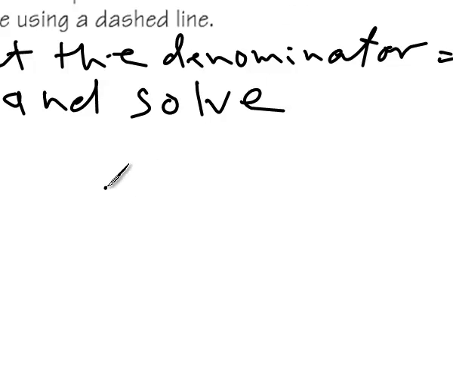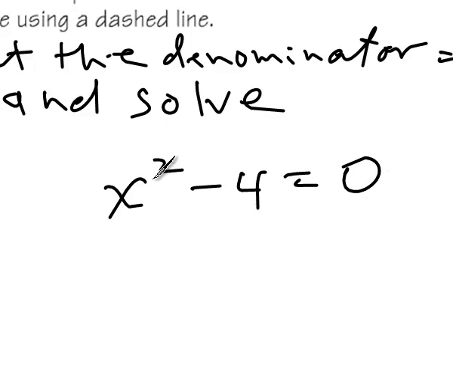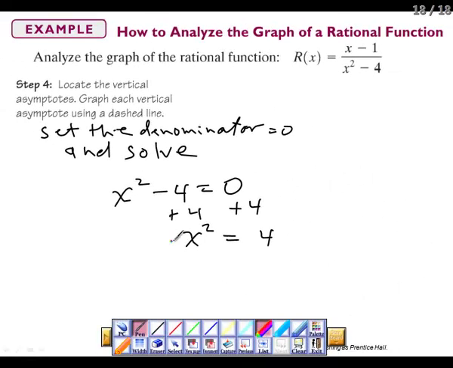So this would be x squared minus 4 equals 0. Whether you use factoring or the square root method, the result is the same. When we apply the square root, we need plus or minus, and we don't want to forget that. We get x equals plus or minus 2.